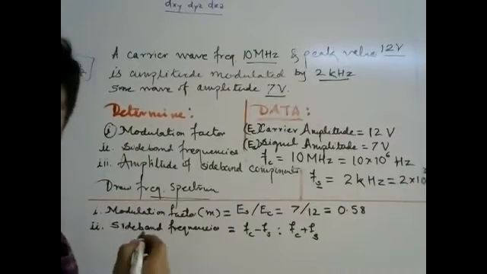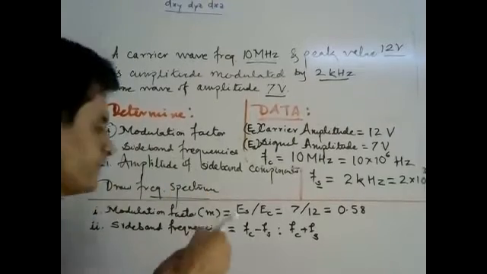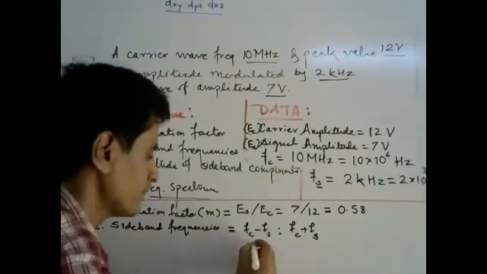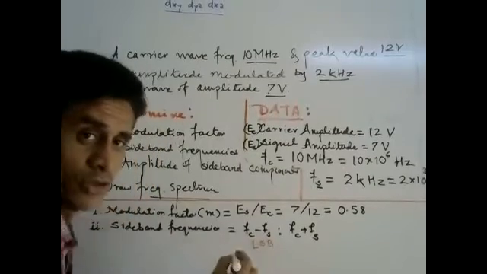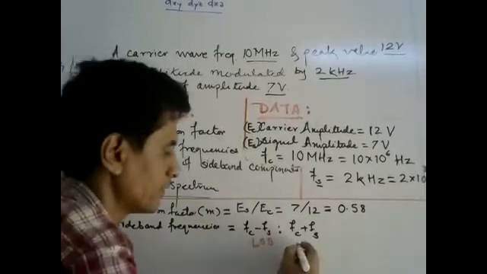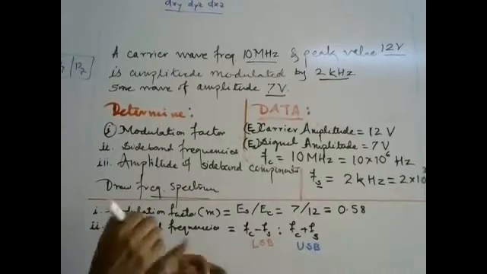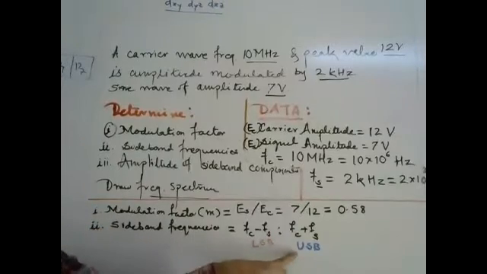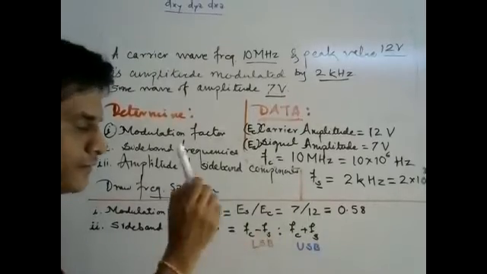FC minus FS is LSB, that is lower side band frequency, and FC plus FS is upper side band frequency.